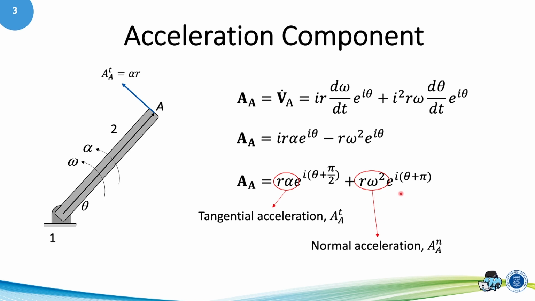Let's pay attention to the direction. The direction of the normal acceleration is parallel to the bar, as you can see here. The direction of the normal acceleration always goes to the center of the rotation, or pi radian with respect to the vector RA.